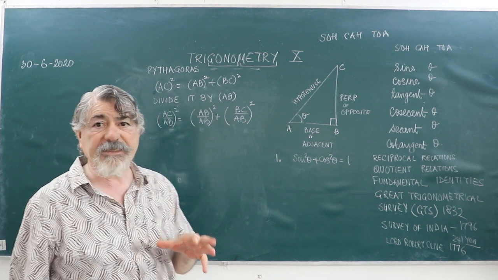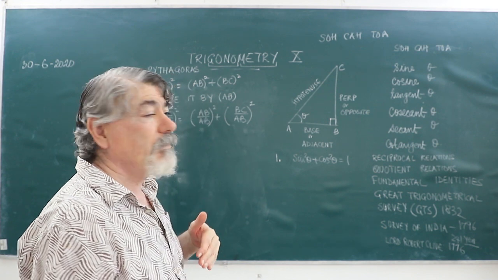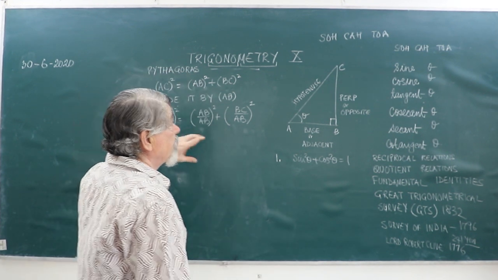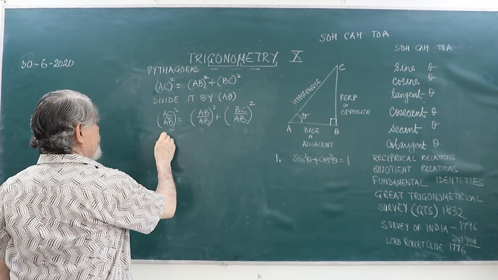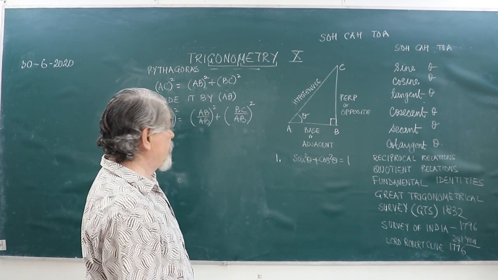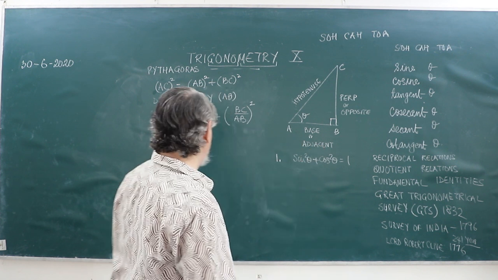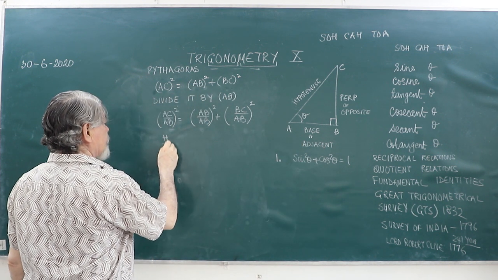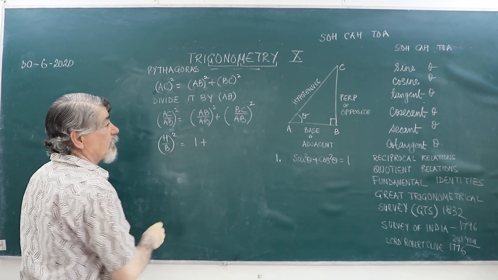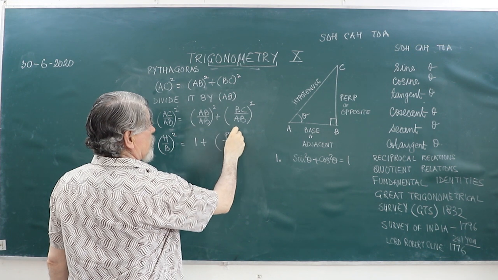Now we will replace AC, AB and BC by the appropriate side. AC is hypotenuse. Now AB is what? We have divided by base. So hypotenuse upon base whole square is equal to 1, plus BC is what? Perpendicular upon base whole square.